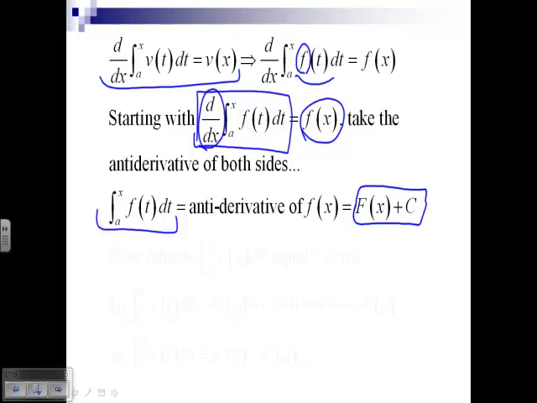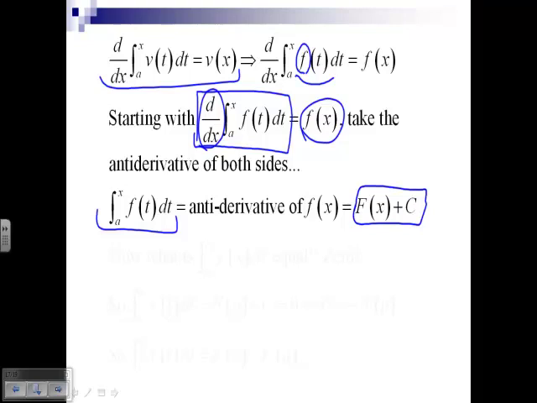Remember c, right? It's the thing that makes an antiderivative into the most general antiderivative, something that represents all of the antiderivatives. So big F is going to be my idea of an antiderivative of little f, plus some constant c.